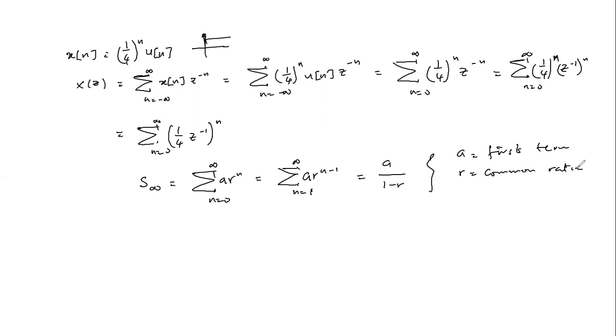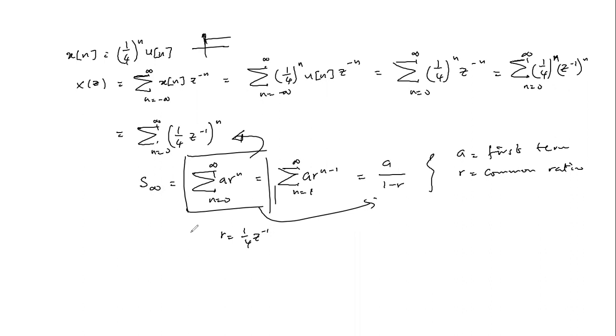In our case, r is the same as 1/4 z to the power of minus 1. Here a is 1, that's the coefficient.